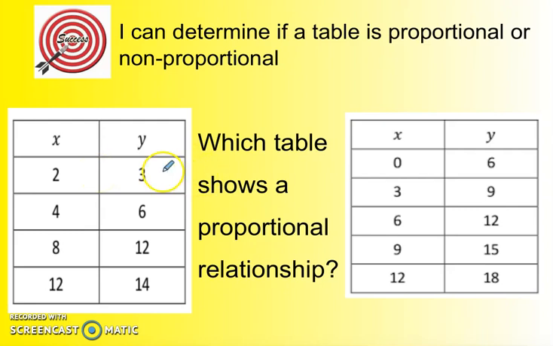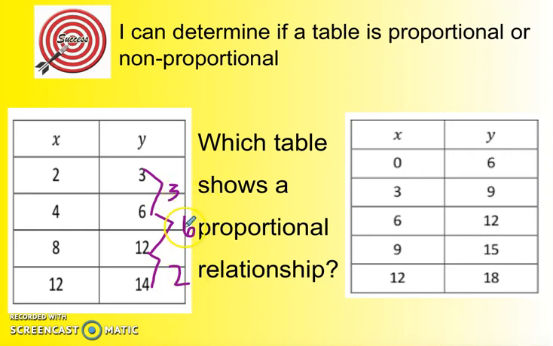Well, here's what I want to notice. I notice right off the bat, here's my x and my y coordinates, and my x and my y coordinates. If I start subtracting them, so 6 minus 3 is 3, 12 minus 6 is 6, and 14 minus 12 is 2.